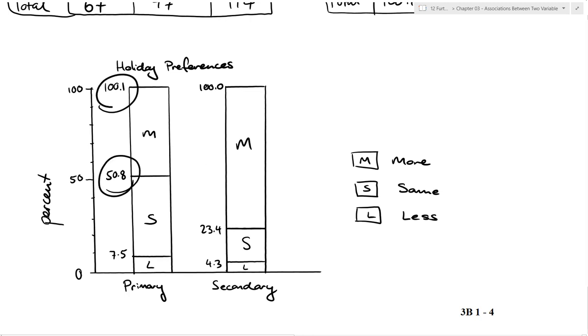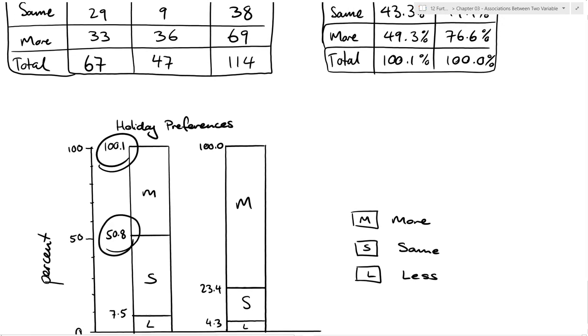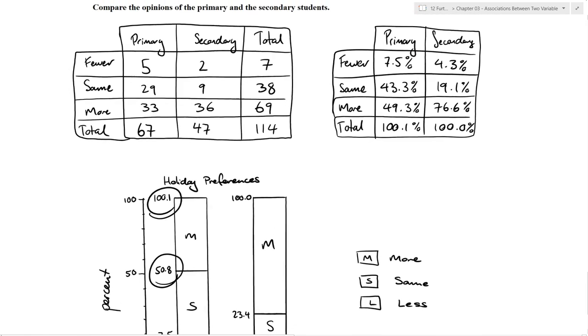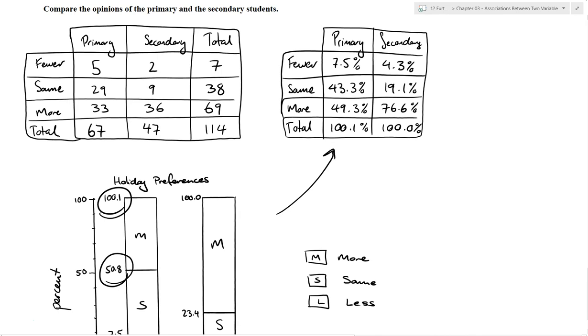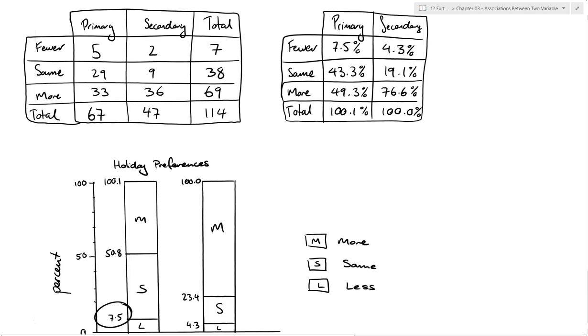These numbers here, 50.8 and 100.1, they come from this percentage table up here. But because it's a stacked bar chart, I have to go from 7.5, which is this number up here, up a further 43.3.